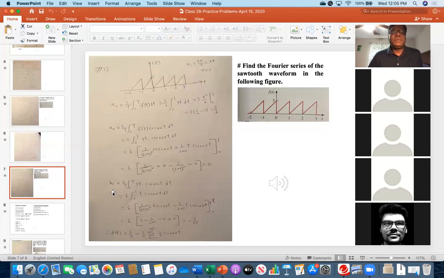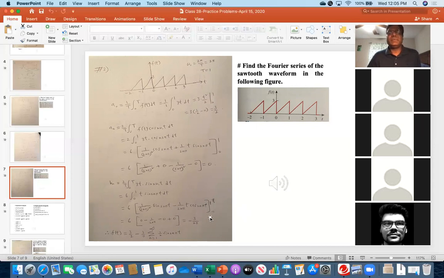Similarly, for Bn, it is 2 over T, and then 0 to T, 3t sine n omega naught t. This is the general formula, but then you multiply 3 with 2, so it is 6. But then this is t sine of 2n pi t. Then similar to that cosine function, I am using that trigonometric identity, basically integration by parts. But here there is a minus sign. That is the catch point.